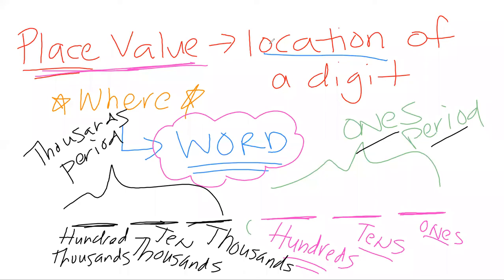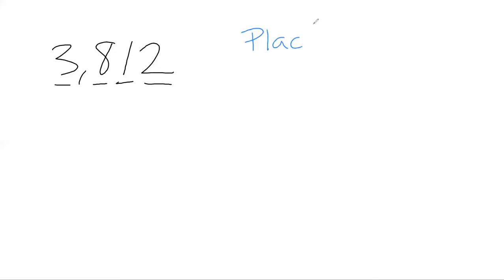So place value, again, is the word that goes with a digit. Let's just take a 4-digit number. Sure, let's do it. So 3,812, right? 1, 2, 3, 4. So if we want to think about the idea of place value, again, where, right?